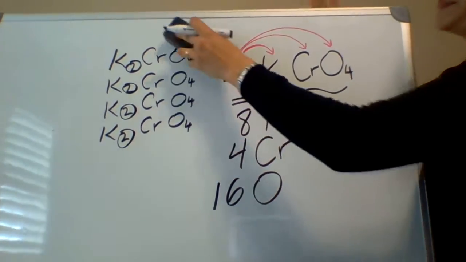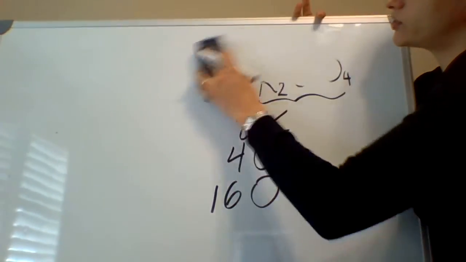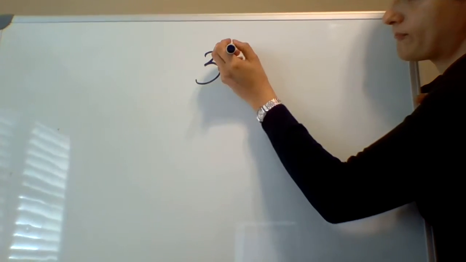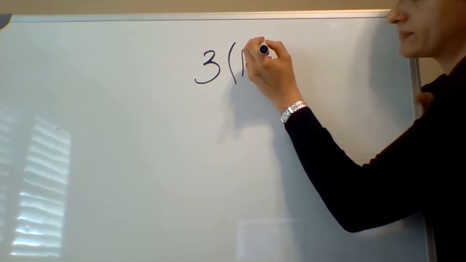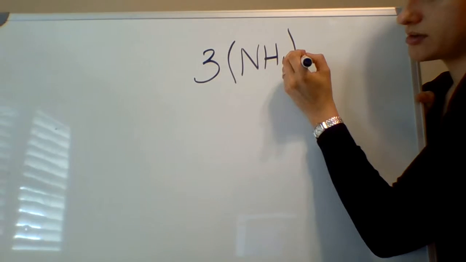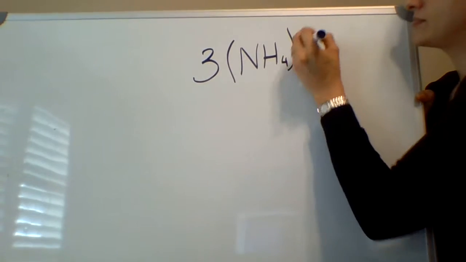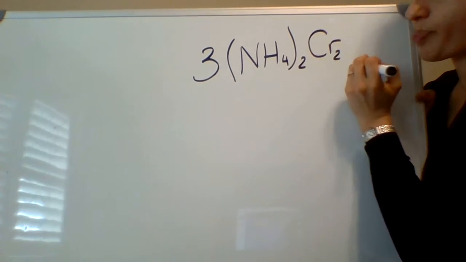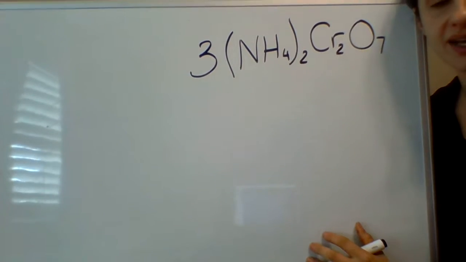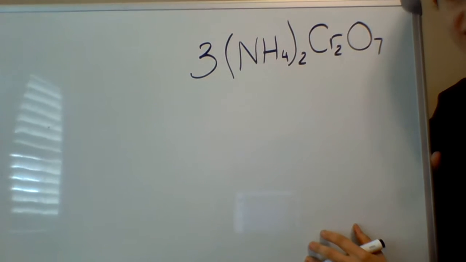I'm going to give you a more complicated one, which probably is going to be the most complicated you're going to see, at least for this class. So, what if I gave you this wonderful formula? Again, this is ionic, but woohoo! Wow, look at that. There's parentheses.